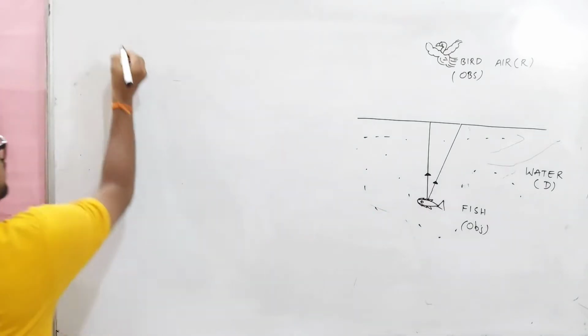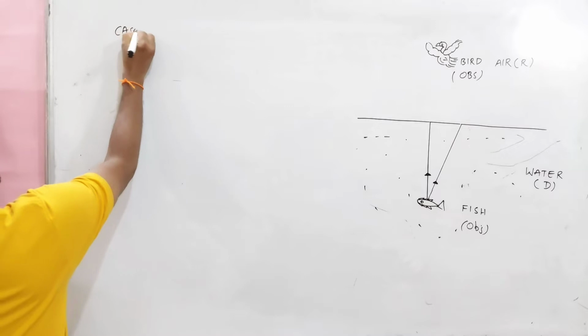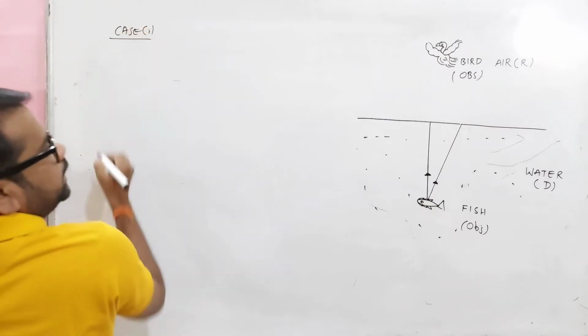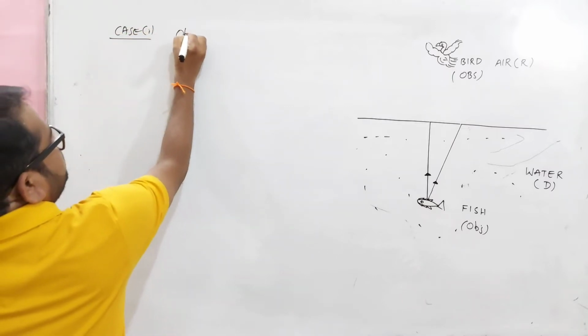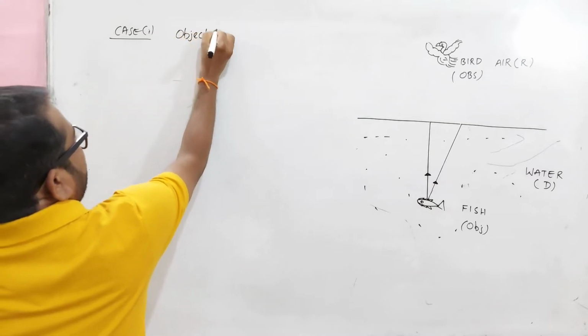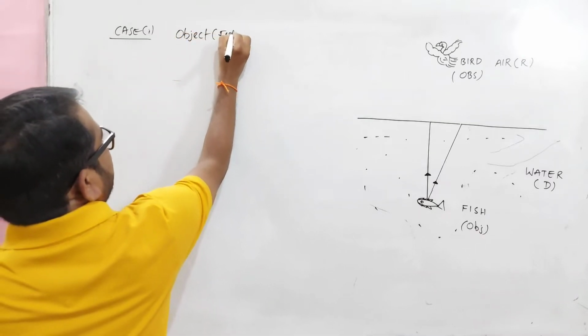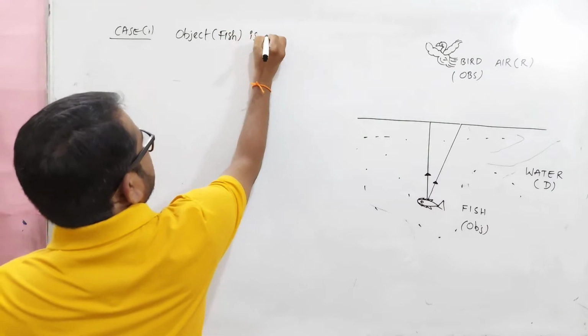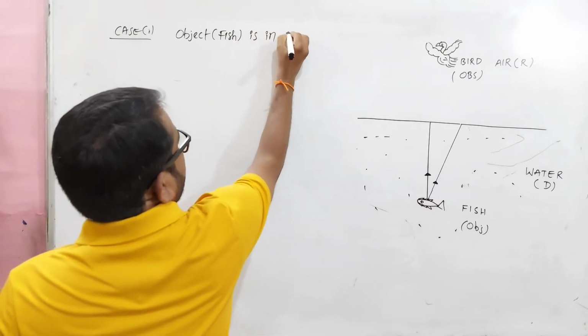Children, so first case, case 1, we will be discussing here. Object, very important. Here what is our object? Object is a fish, children.